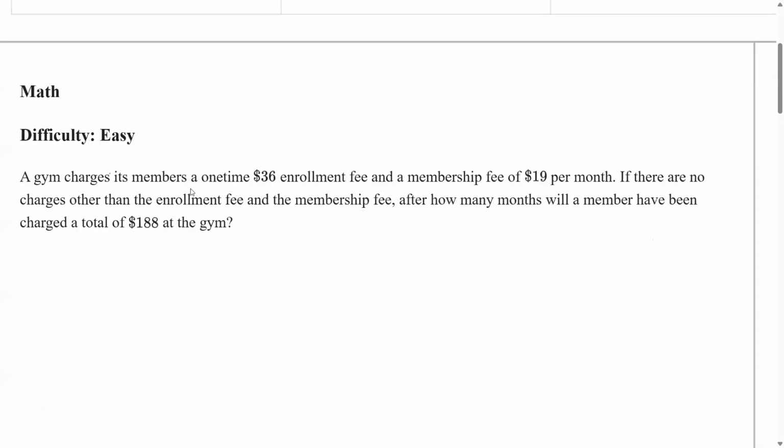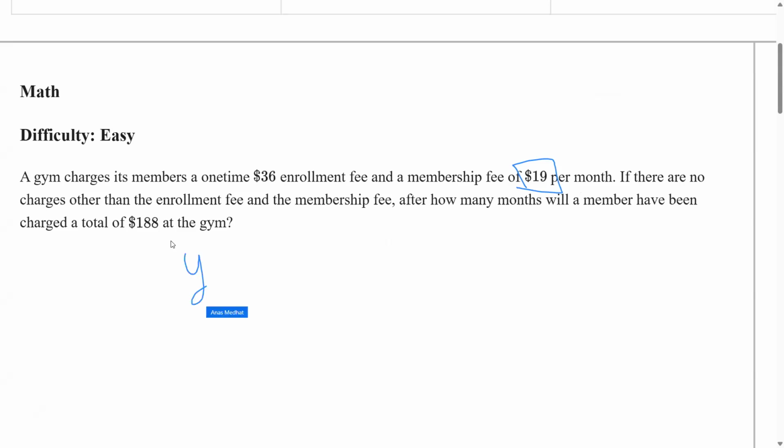A gym charges its members a one-time $36 enrollment fee and a membership fee of $19 per month. If there are no charges other than the enrollment fee and the membership fee, after how many months will a member have been charged a total of $188? You can solve this as a linear equation. Always first decide the initial and the rate. Here 36 is the initial and $19 is the rate.